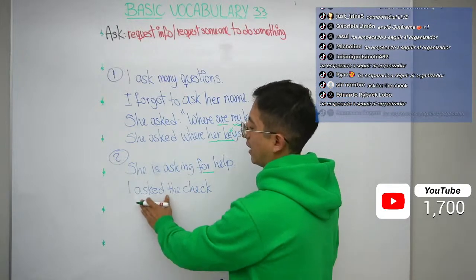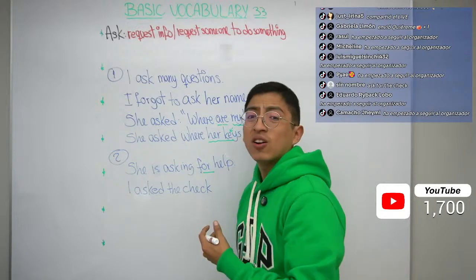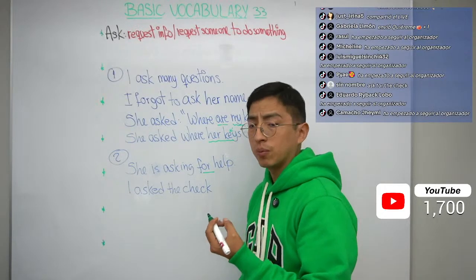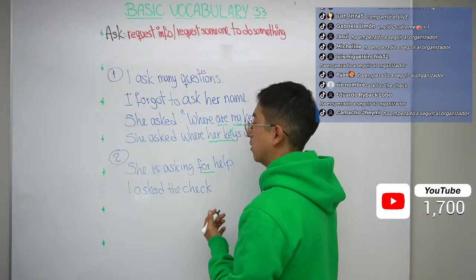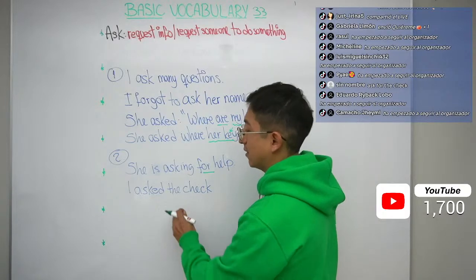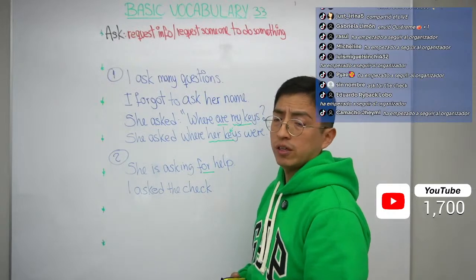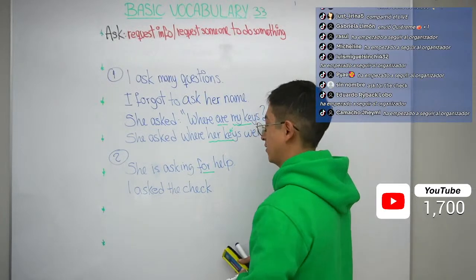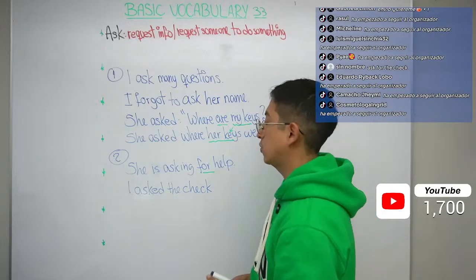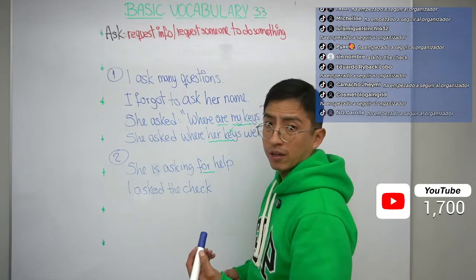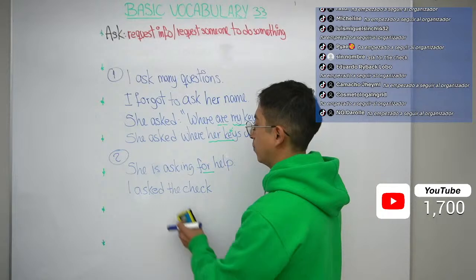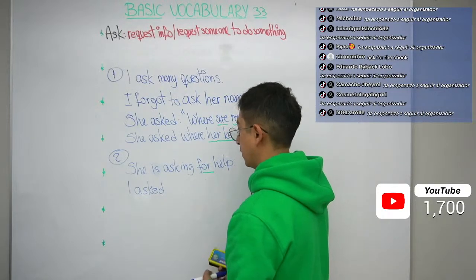So if you say "I asked the check," it's incomplete. Why? Because we need to indicate that this is not a question. Now, what is the best way to do it? Yes, that's right. So we can use "for" in this part. Okay, we're going to erase this and put here "for."